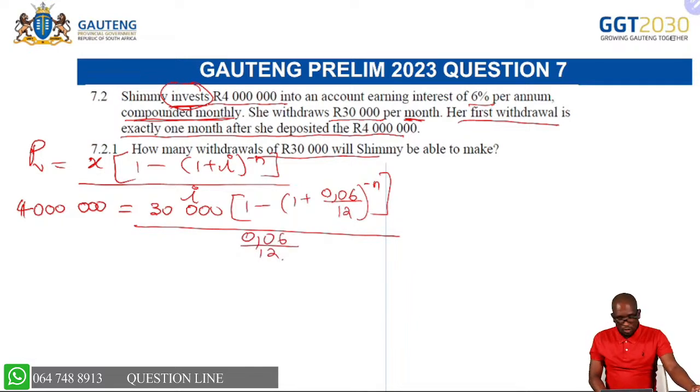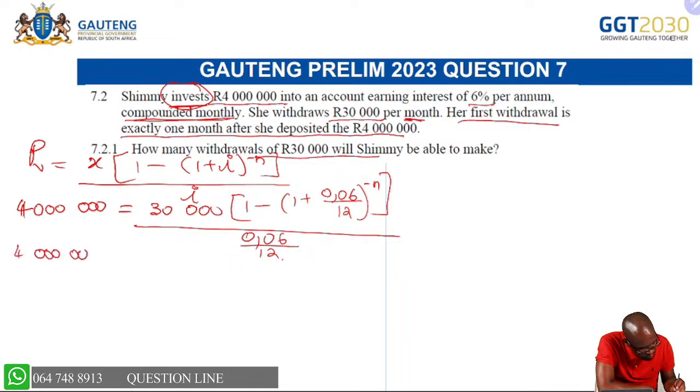So out of that, we've generated an equation, so we need to solve. We're going to have 4 million times 0.06 over 12, divided by 30,000.